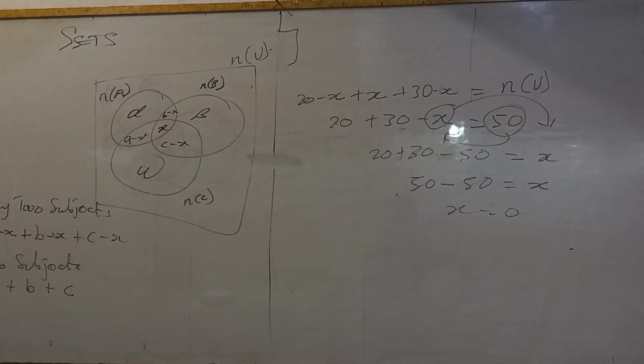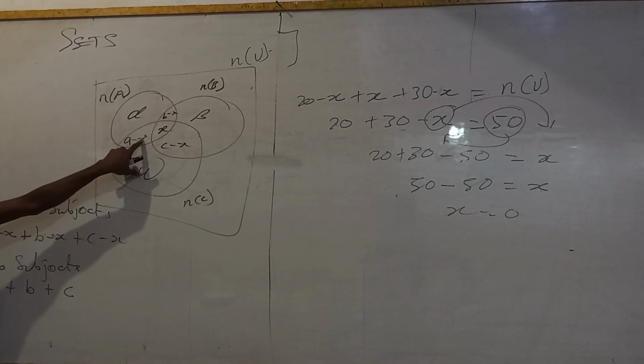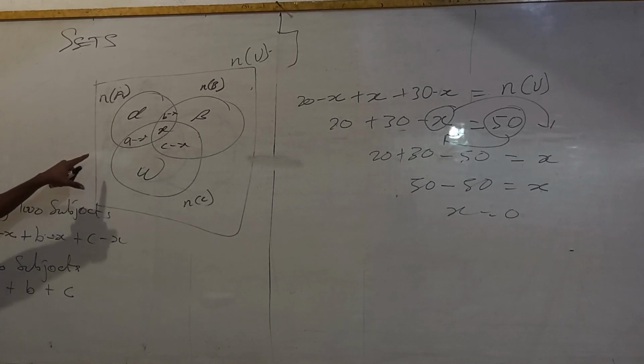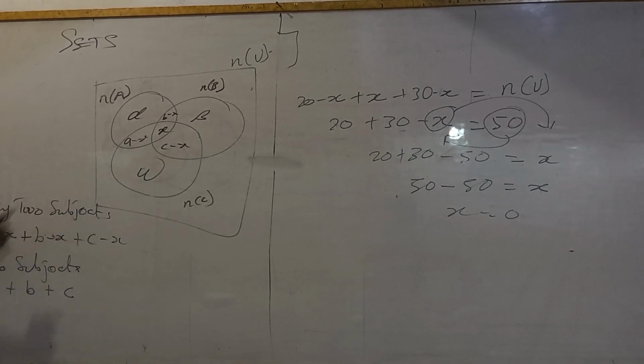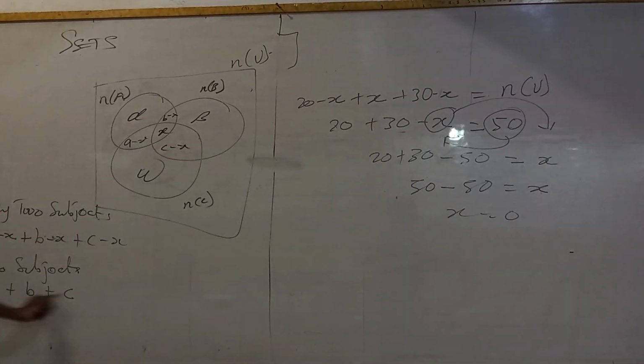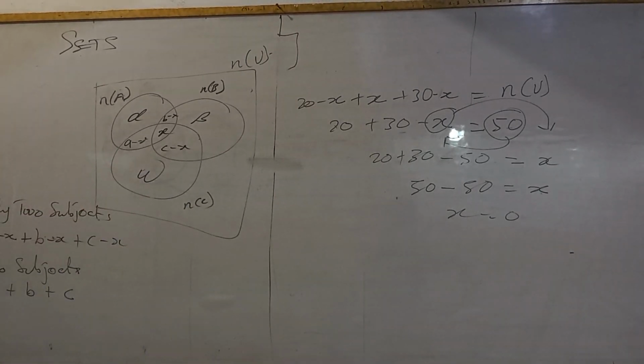Sometimes you get the net of it, which means it had already been subtracted, so you add it back. Do you get it? Sometimes they will give you only the only, so you have to add the x back to get the 2 subjects because they've already subtracted it. Okay, good.